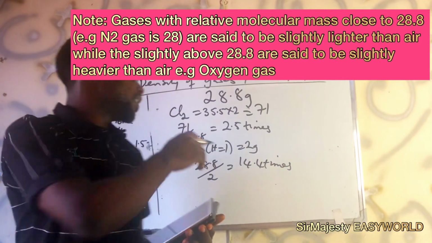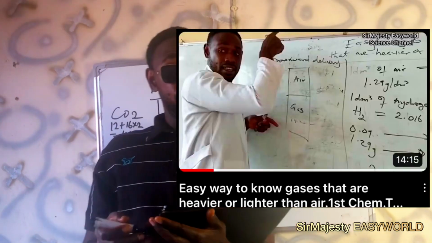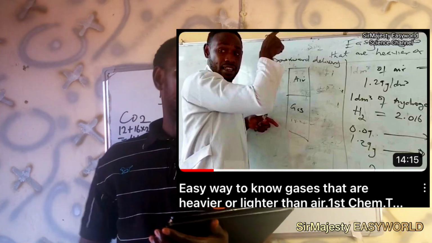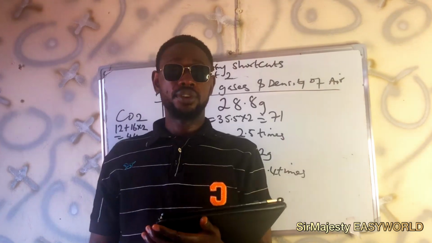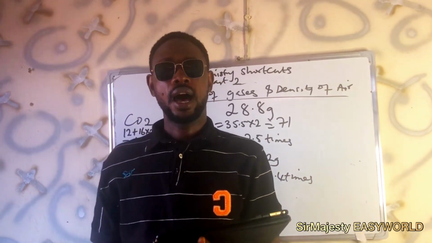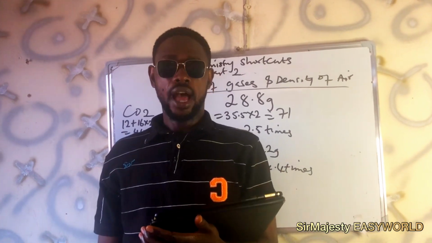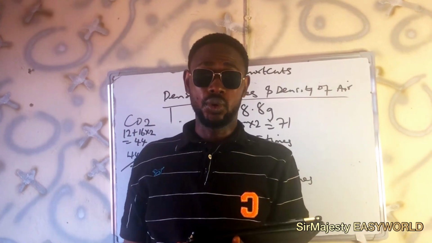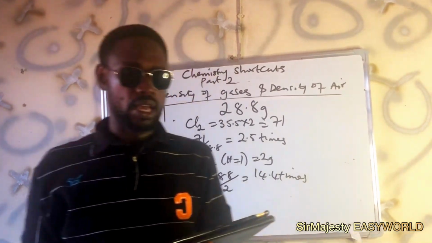How did I come about the 28.8 grams? You watch the video here, you see there on the screen. I have the proof. I proved why I use that 28.8, having known the density of gas and most of that information from Amedeo Avogadro and Stanislao Cannizzaro. I was able to arrive at this as the weight of 1 mole of air, even though air is a mixture of gases.